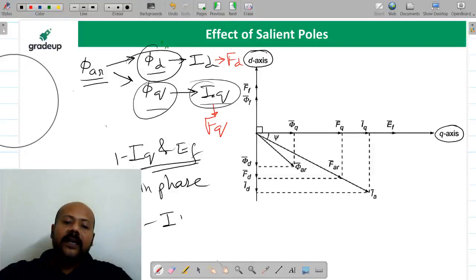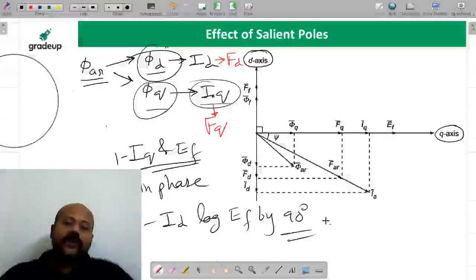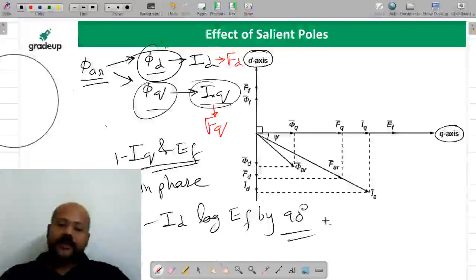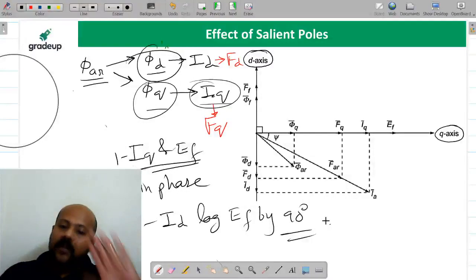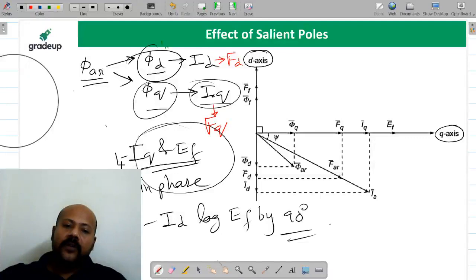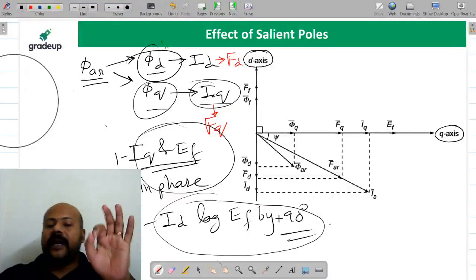And ID is going to lag EF by 90 degrees. That is very, very important. These two things you have to remember. The moment you understand this, that IQ and EF are going to be in phase and ID is going to lag EF by 90 degrees.